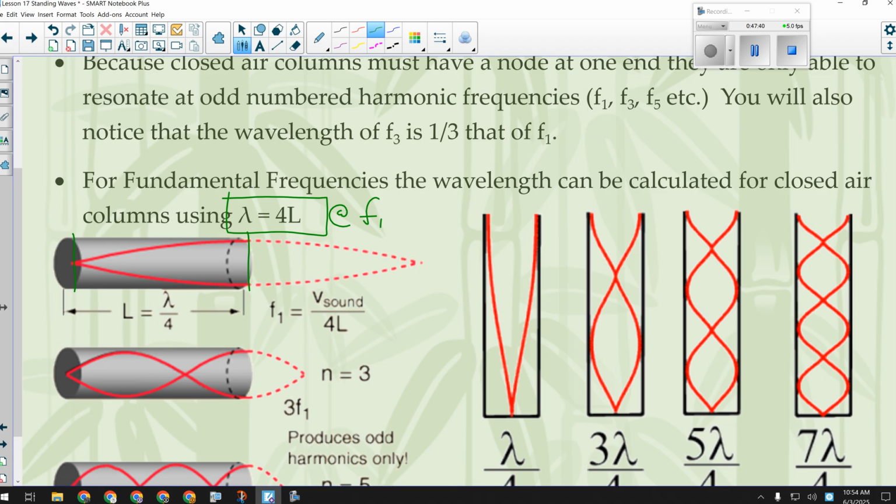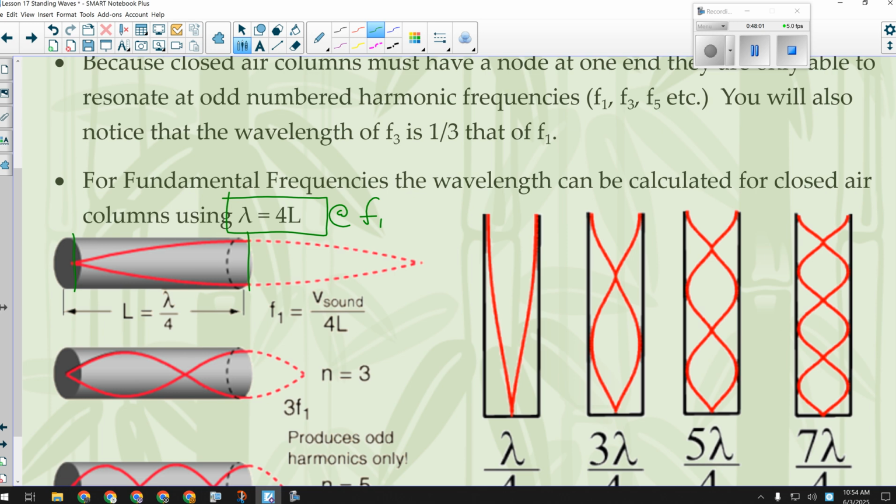Now, the second sound you could get in an air column, if I kept the column the same length, I'd have to keep switching tuning forks before I would get another one to resonate. The next time it would resonate, it would be at 3/4 of a wavelength, and then at 5/4, and then at 7/4, and so on.